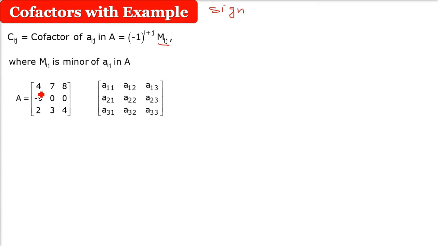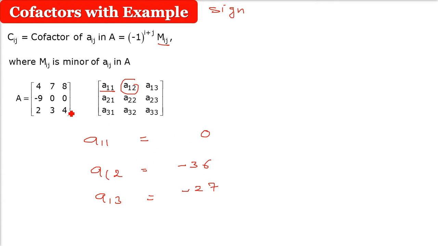For example, we found the minor of A11 was 0, A12 was negative 36, and for A13 the minor came to be negative 27, if you remember.